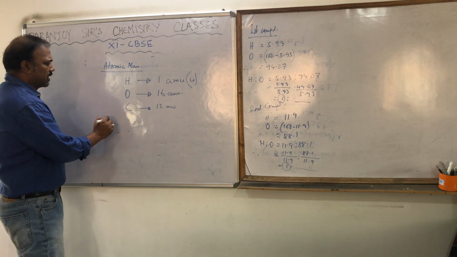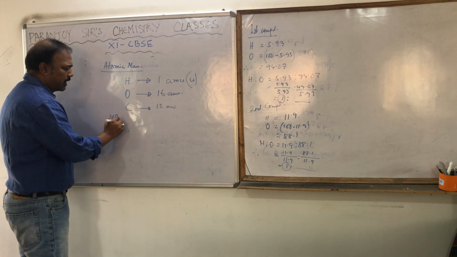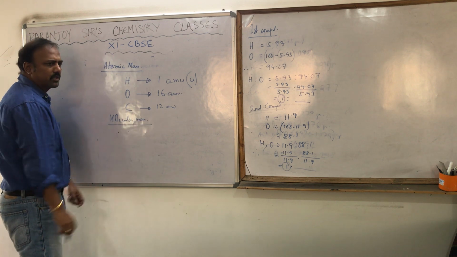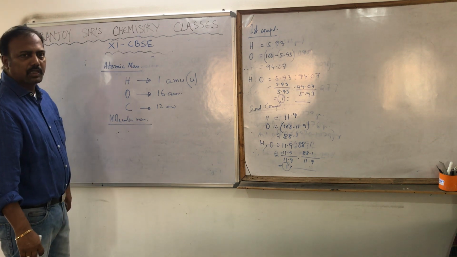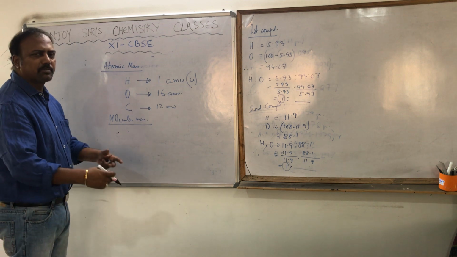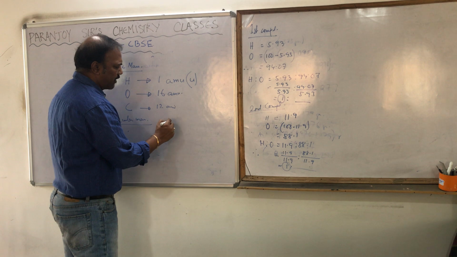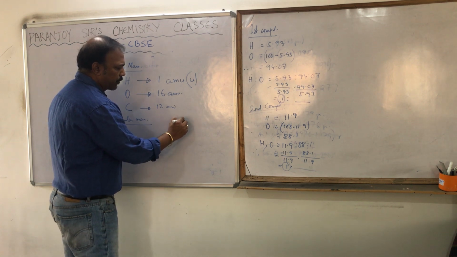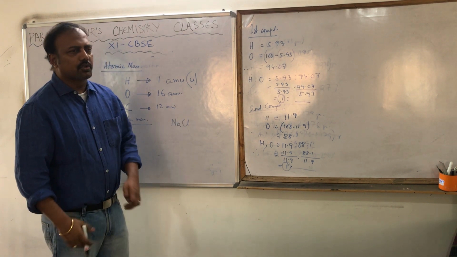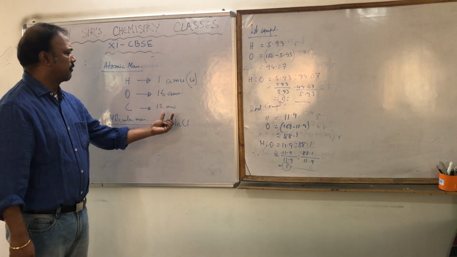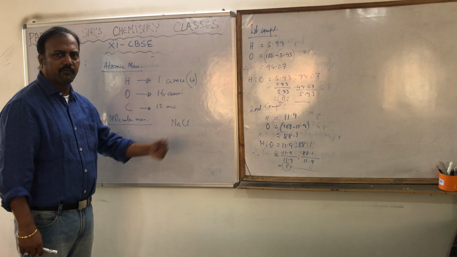And the last term for today is molecular mass. Now what is molecular mass? Molecule means obviously it must be more than one atom. For example, sodium chloride. A sodium chloride molecule is made of one atom of sodium and one atom of chlorine.